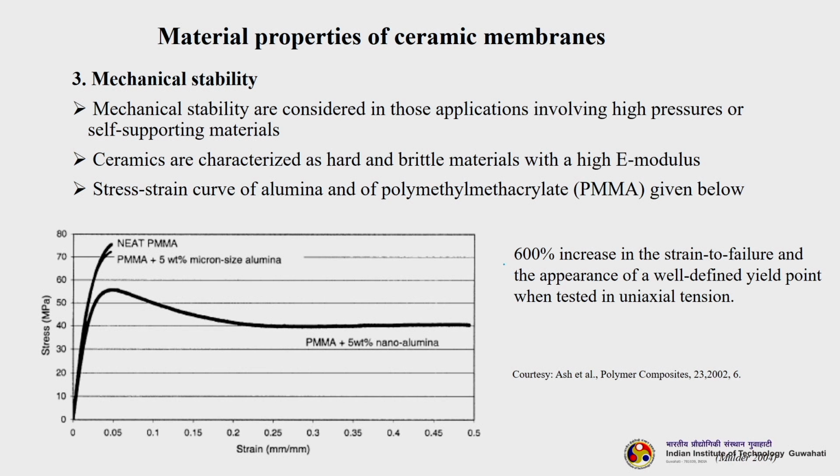So, you can see the 600% increase in the strain to failure and the appearance of a well defined yield point when tested in uniaxial tension. This slide tells us that the strain to failure properties actually increased when you add nano alumina materials to the polymethyl methacrylate.